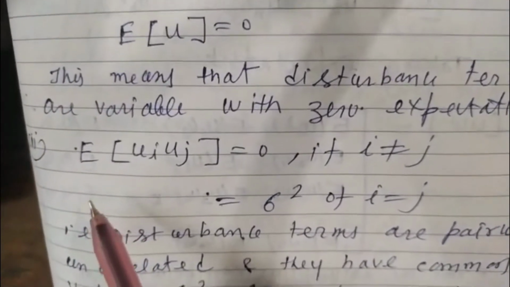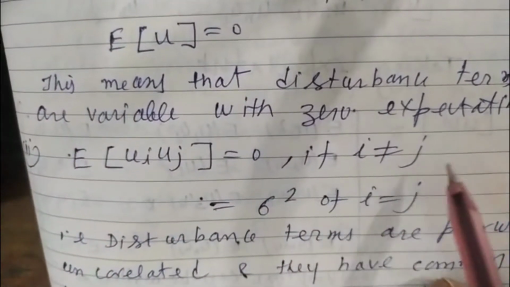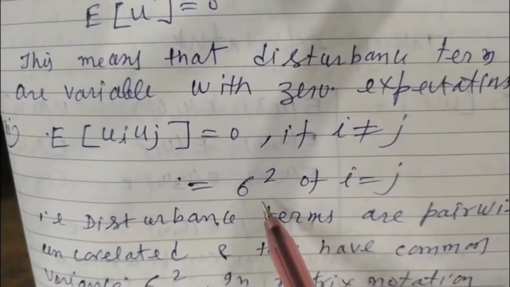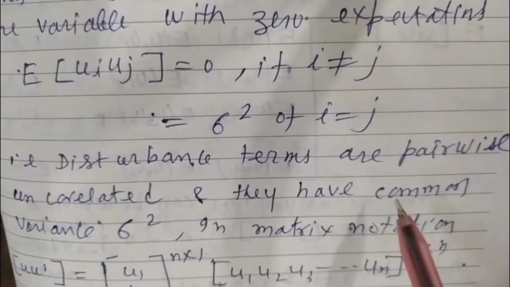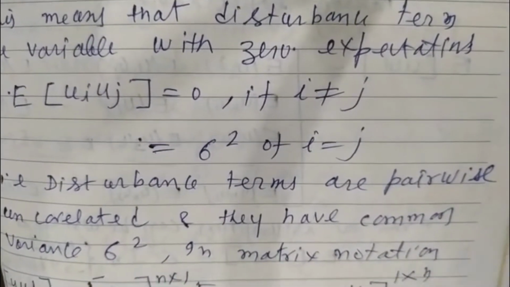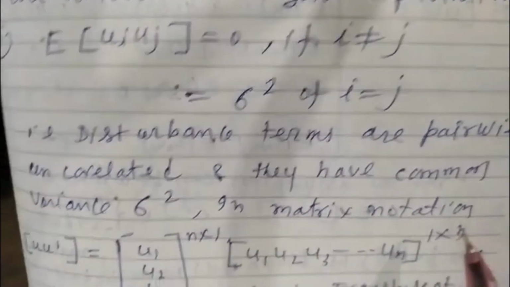Second assumption: E of ui uj is equal to 0 if i is not equal to j, and the variance of ui is equal to sigma squared for i equals j, a constant variance. That is, the disturbance terms are pairwise uncorrelated and they have a common variance, in matrix notation.